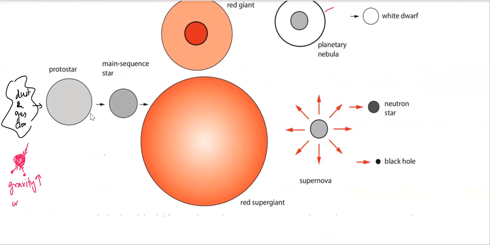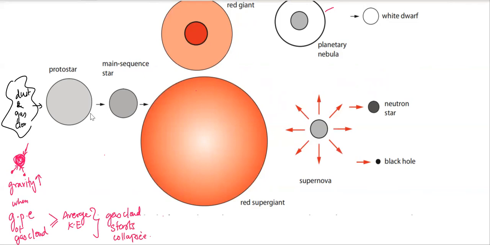Okay, and usually when the gravitational potential energy of the gas cloud exceeds the average kinetic energy of the gas molecules, then the gas cloud starts collapsing under its own weight.